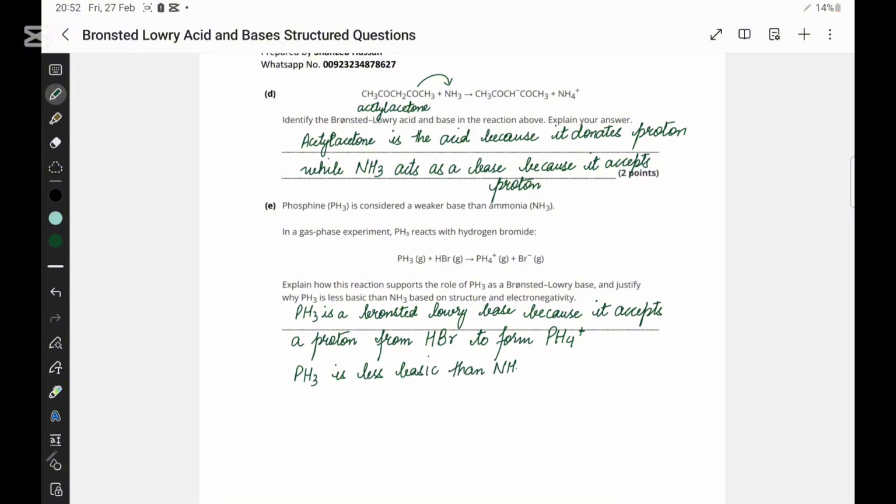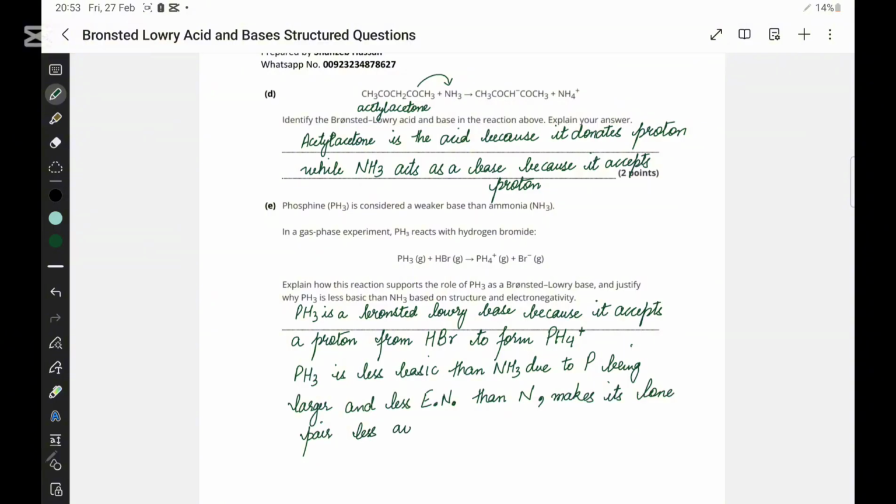The reason is that phosphorus is larger in size and less electronegative than nitrogen, which makes its lone pair less available for protonation.